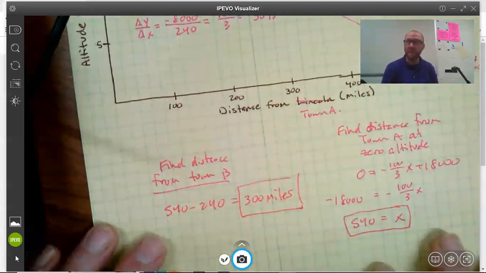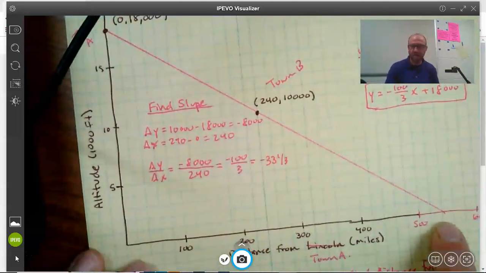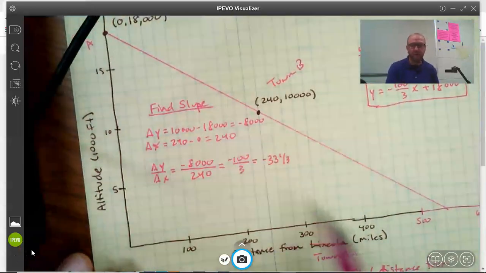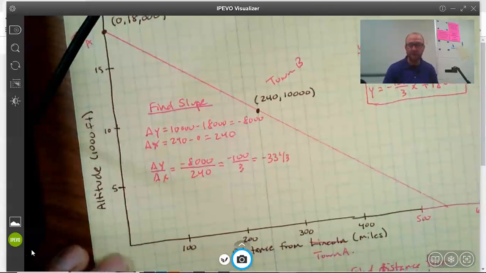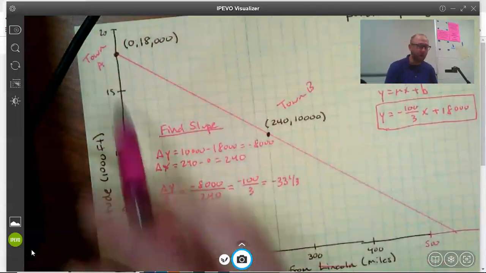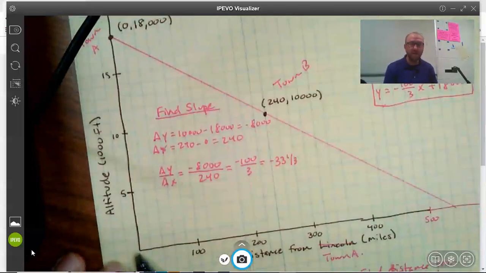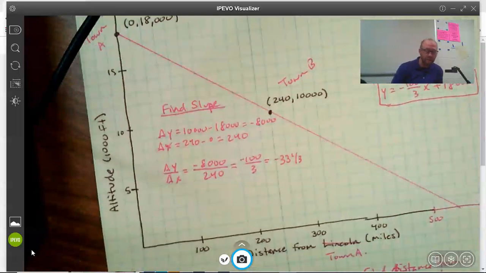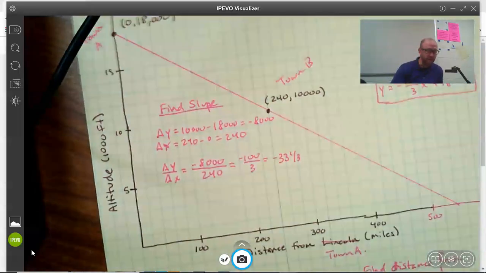So just to go over what we did here, first, we graphed things out, got an estimation of where we'd probably be. Then we wrote an equation that represents the plane's descent, with the input variable being distance from town A and our output variable being the altitude. So we knew that at 0 miles from town A, we were at 18,000 feet, and that at 240 miles from town A, we were at 10,000 feet.